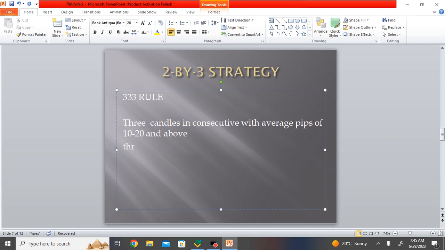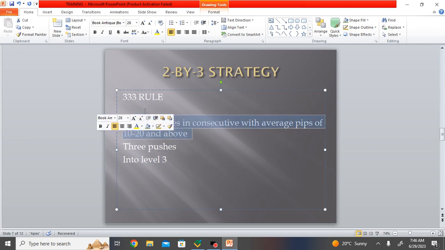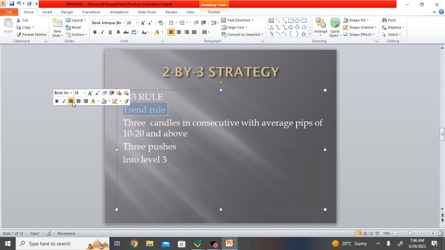Then in three pushes into level 3. Those are the concepts of the 3 rule. So first you have to confirm that this is the real trend, that is the trend rule. 333.